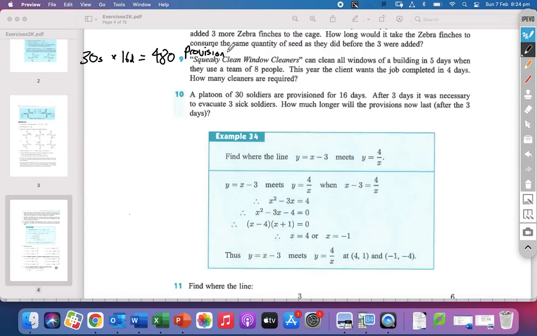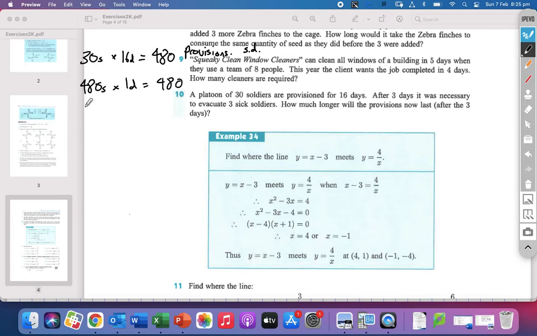Provisions. It's a little bit hard to think about the units in some of these questions. But effectively I've got soldier days. And again, to think about this, you might want to think to yourself, well, it's as if I had 480 soldiers one day.